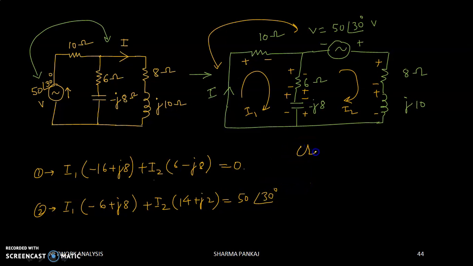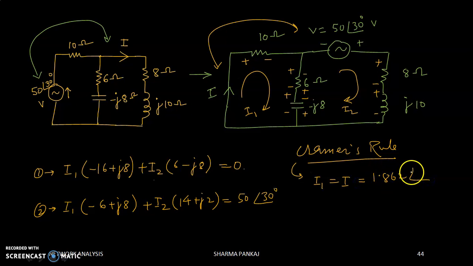From Cramer's rule, we are having the value of I is equal to 1.862 angle 333.45 degree ampere.